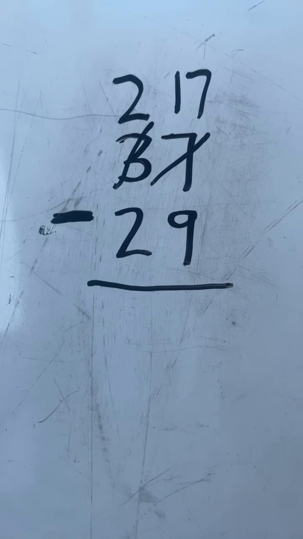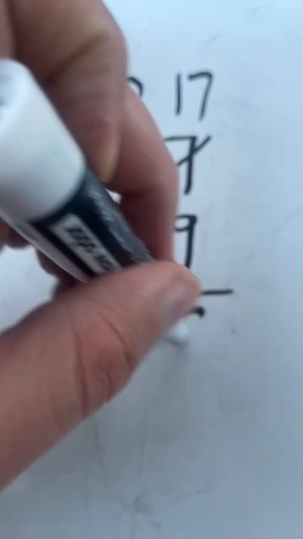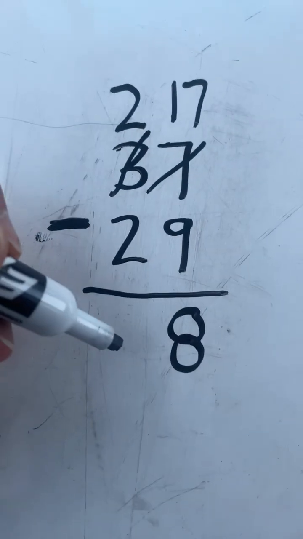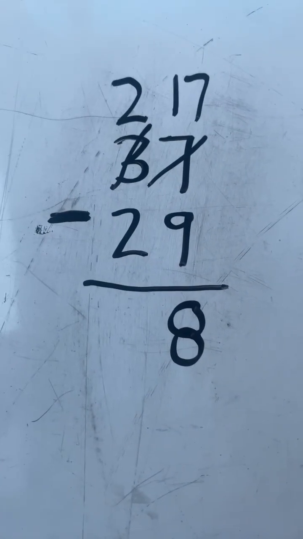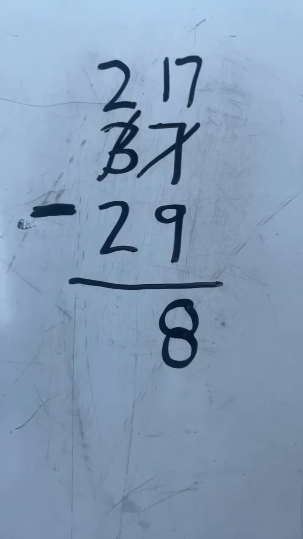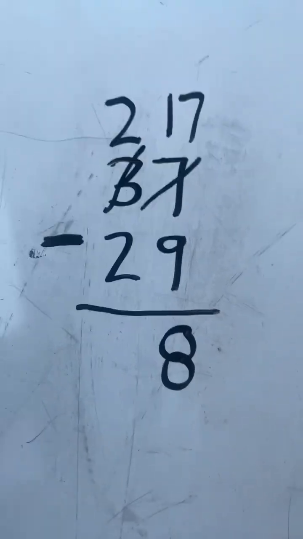And now from there, we subtract. 17 minus 9 equals 8. 2 minus 2 equals 0. You could put a 0 there, or you could just leave it blank. Either way, doesn't change the answer. The answer is 8. 37 minus 29 equals 8. I was going to stop at 5, but I figured why not do a couple more, right?